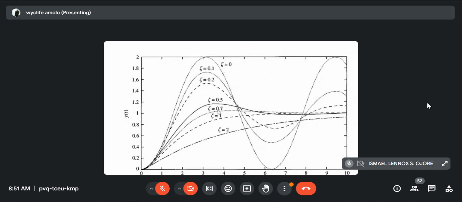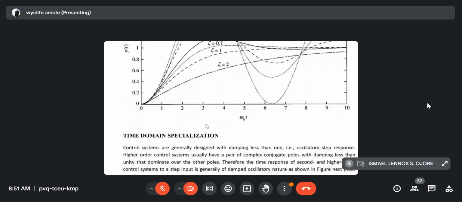At 0.7 it is almost approaching 1. So 0.7 is normally chosen as the best damping ratio. It is almost the appropriate one for every form of damping. But when it is 1 or more, it is critically damped. No oscillation means that we are controlling the oscillation.